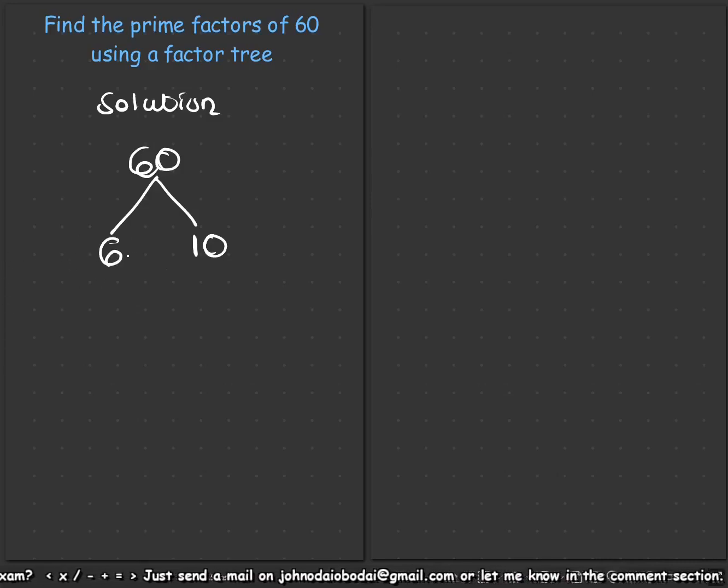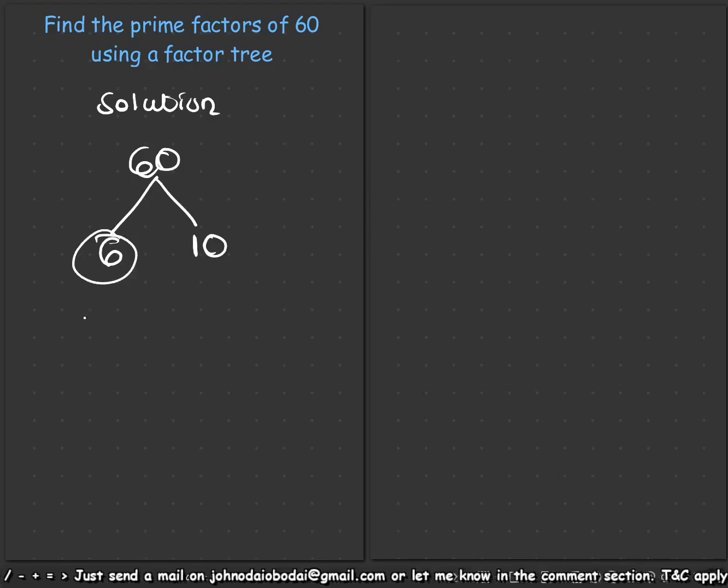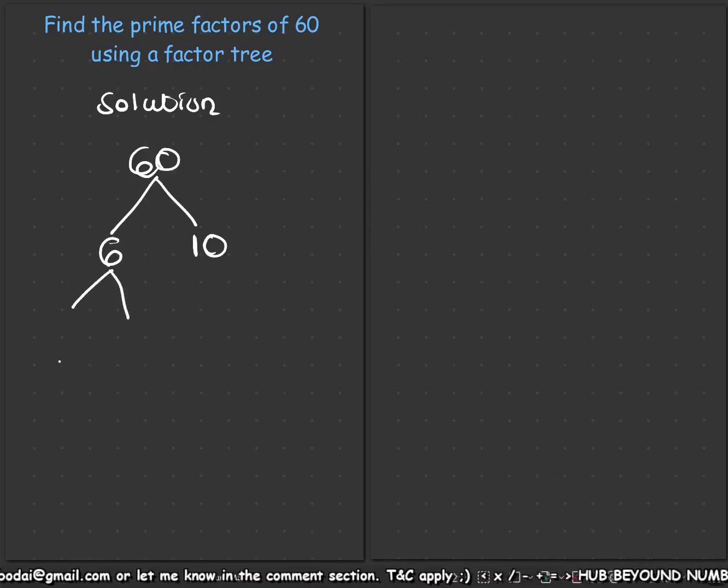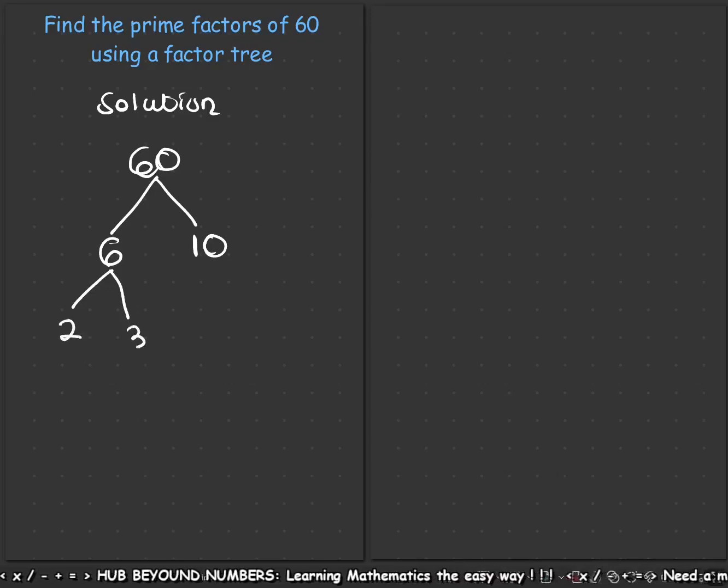Let's go for 6. Is 6 a prime number? No, it's not. So we are going to form another two branches on 6, and these branches should give us other factors of 6. In your mind, you can start saying numbers times each other that give you 6. We know 2 times 3 gives us 6. So I write my 2 here and my 3 here.